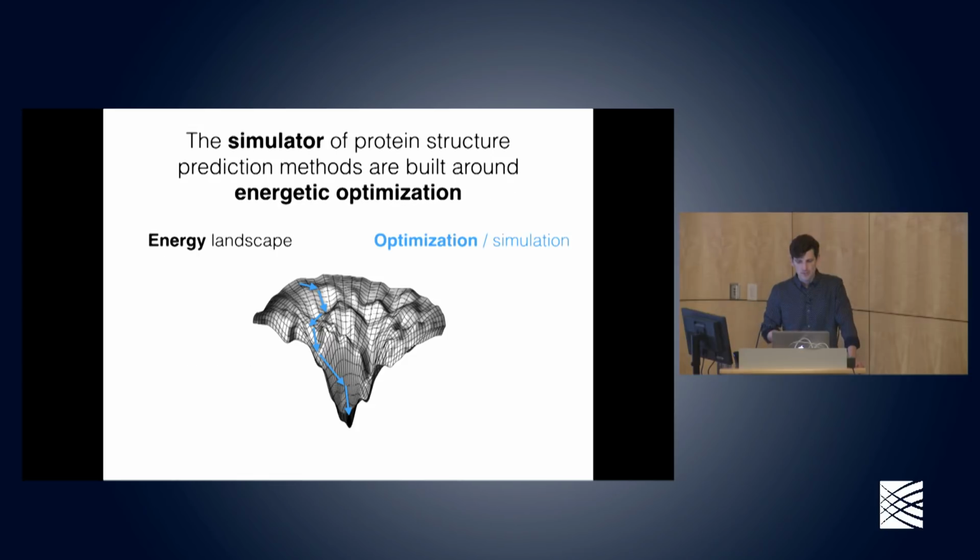In the protein folding problem, the essential simulation process that's happening is built around energetic optimization. This is true for all the methods I told you about earlier, more or less. You get an energy landscape. If you've ever seen an energy funnel, maybe you've seen a cartoon like this.